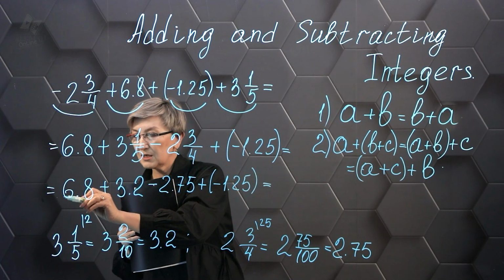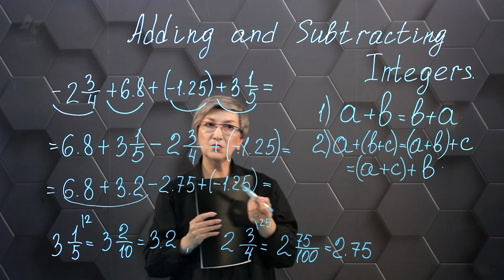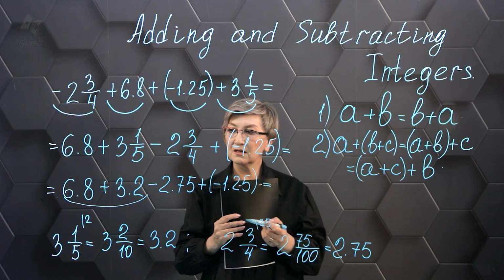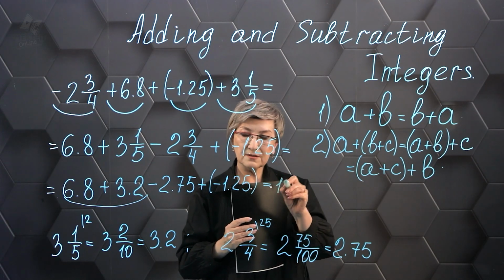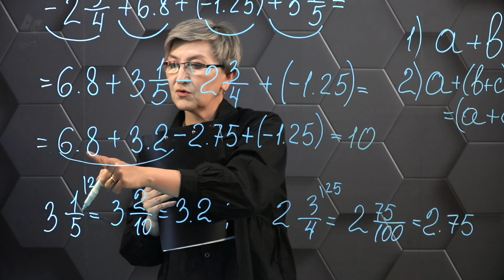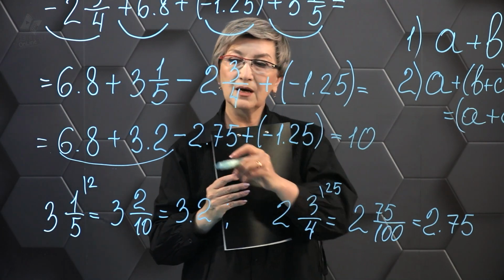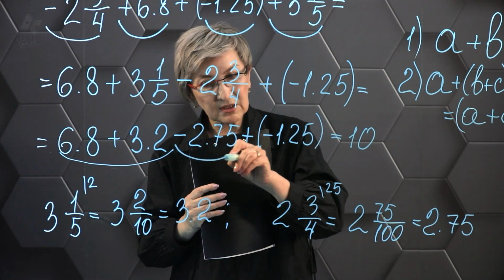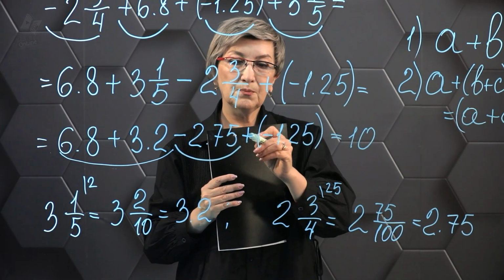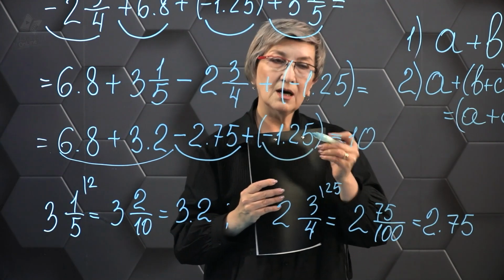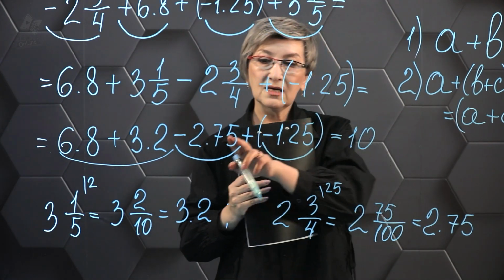And now 6.8 plus 3.2. That's the number 10. 6 whole 8 plus 3 whole 2 equals 10. The number is -2 whole 75 plus -1 whole 25. I am adding two negative numbers.